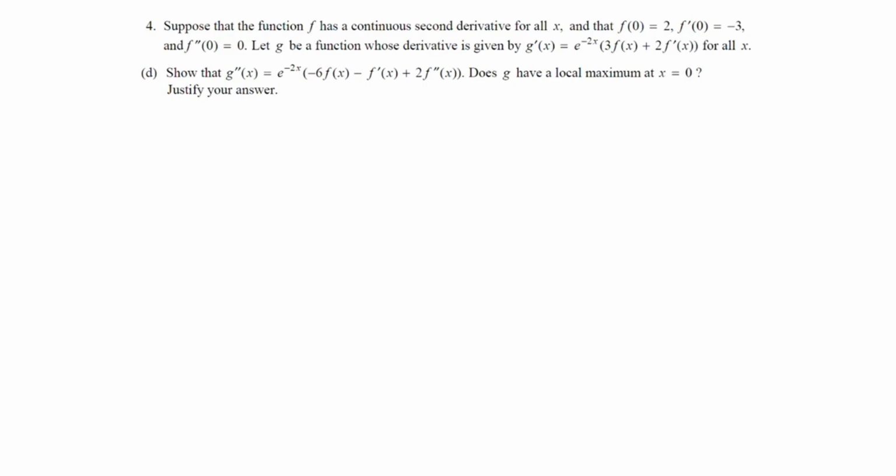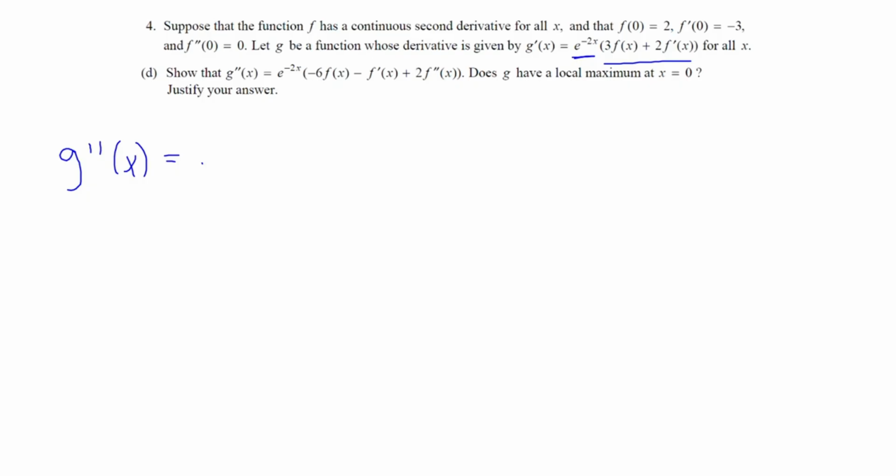And in part D, it says, show that g double prime of x is equal to that big expression that they gave us. And then it asks us if g has a local max at x equals 0. And so first we have to show that g double prime of x is equal to that. So g double prime we'll have to find using the product rule, because it's a product of e to the -2x and 3f of x plus 2f prime of x.